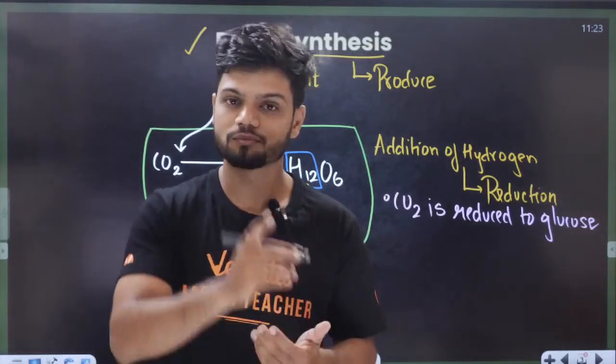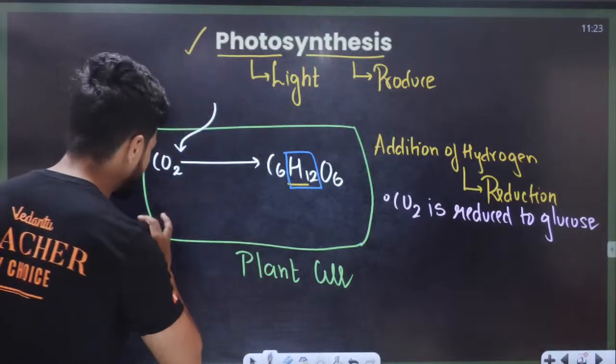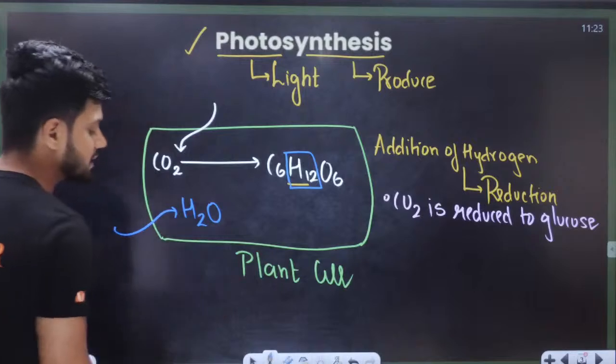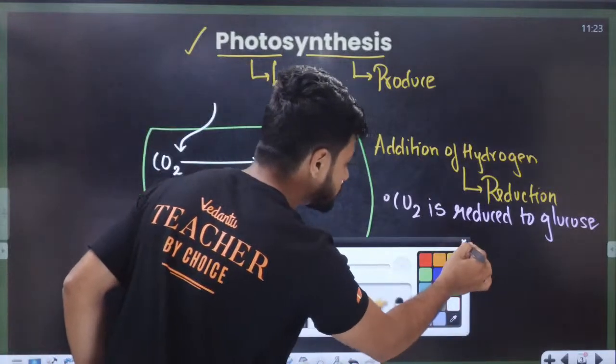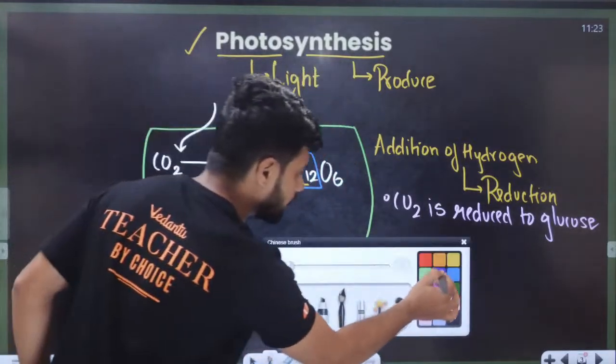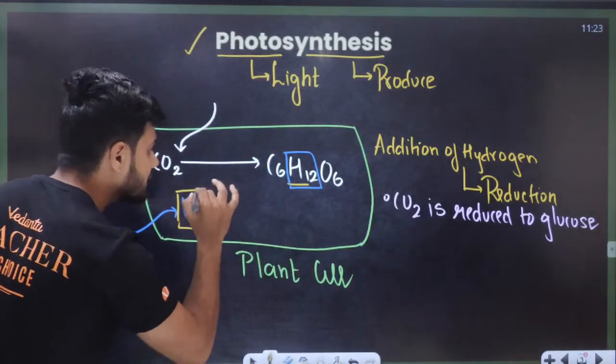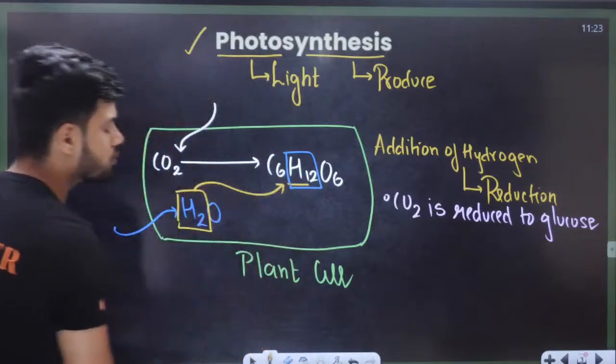Yes or no? So this hydrogen right here is entering in the form of H2O, that is your water. And if you focus here, everyone, this hydrogen is given to the formation of glucose.